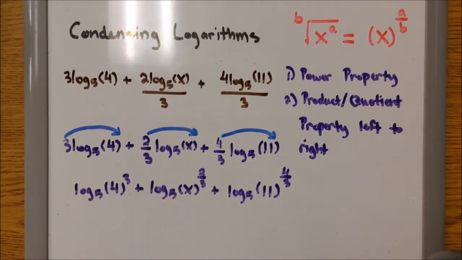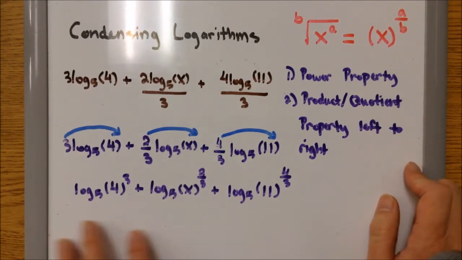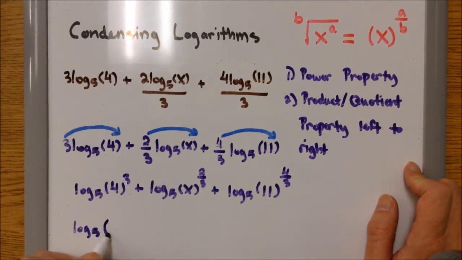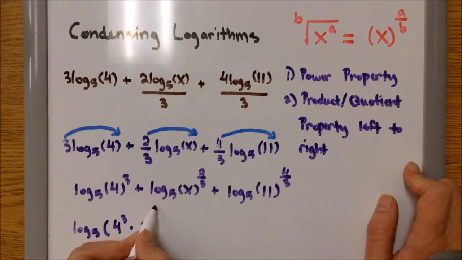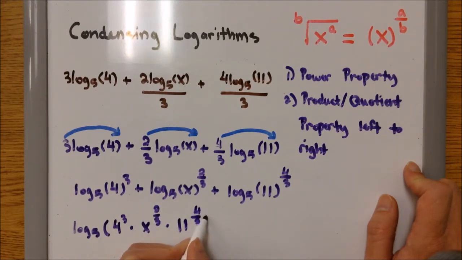Alright. Now, they all have exponents, so we can combine them. So, we can combine as one log, so log base 5 of, first one is 4 to the third times x to the 2/3 power times 11 to the 4/3 power, close parenthesis.